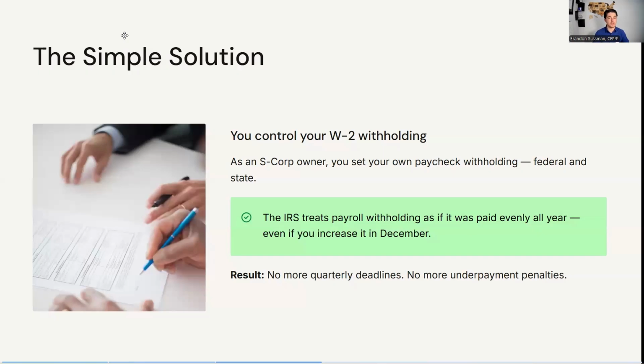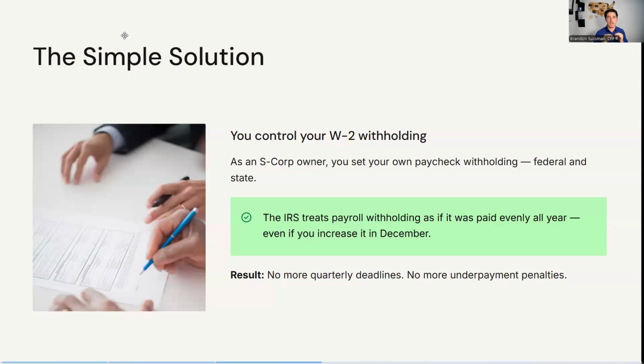Now, the second way that you get money sent to your personal account is usually what we call an owner distribution, where you just go in your business account and transfer money from your business to your personal. There's no payroll or anything associated. You're just moving money whenever you want, and that's moving the profits of the business into your personal accounts for you to be able to spend.